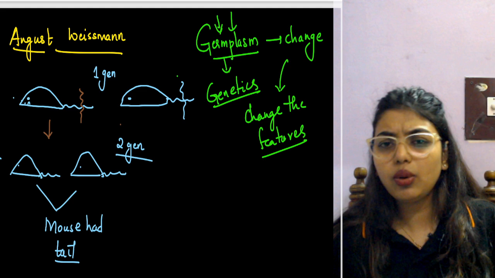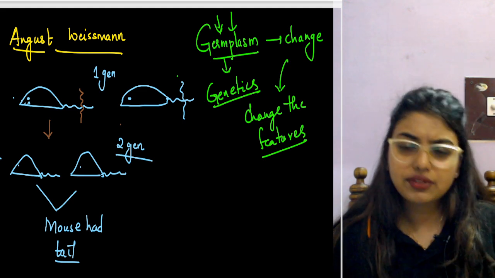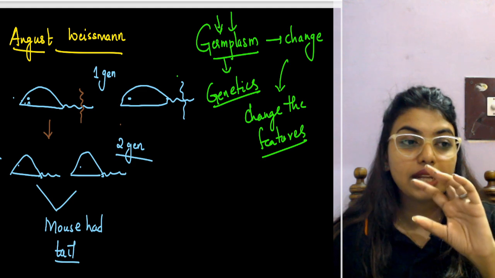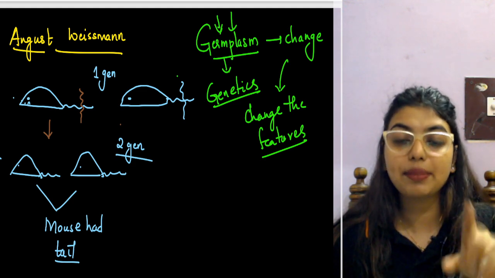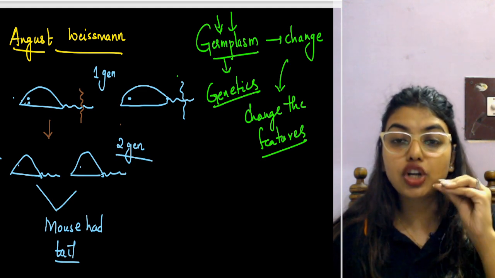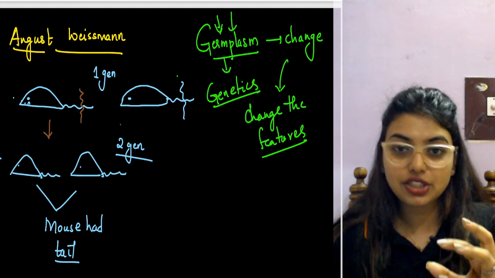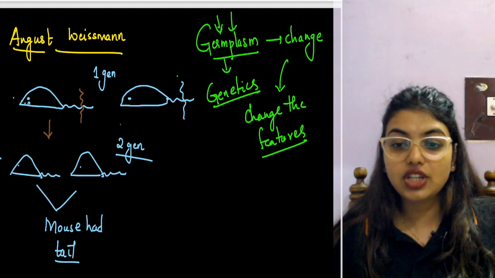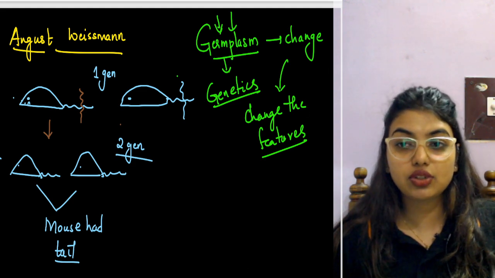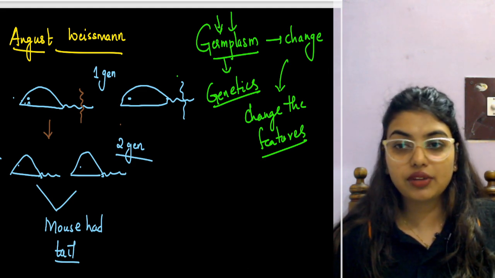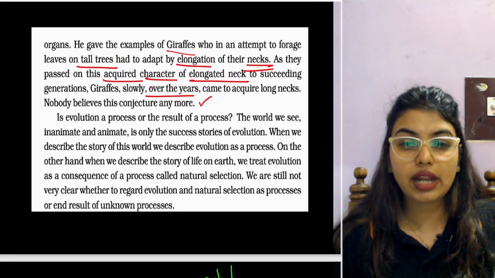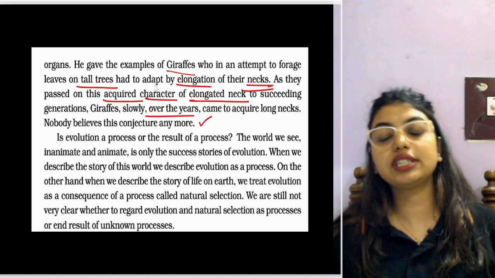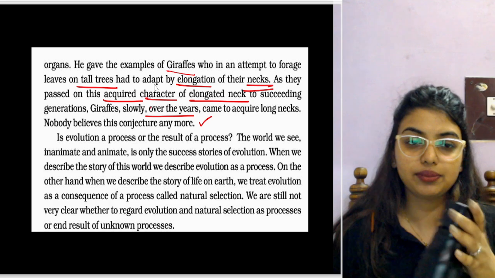So how inheritance of acquired character should have been seen, but no, he noticed that an acquired character, or change in a character, only happens when the germ plasm is changed, or the gamete is changed, or the genetics is changed for them to get carried away. So here this is what we have to tell. This will give you an idea. So is evolution a process or a result of process is a question.